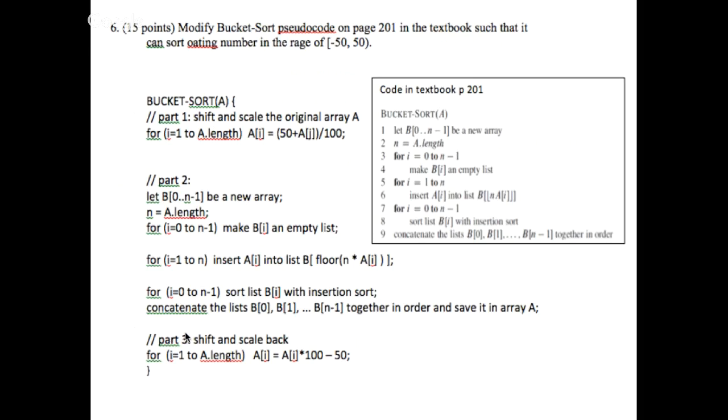Then after sorting, in part 3, we shift and scale back to the value of the original array's elements. So I use for i equals 1 to the last element of array A, A[i] equals A[i] times 150.